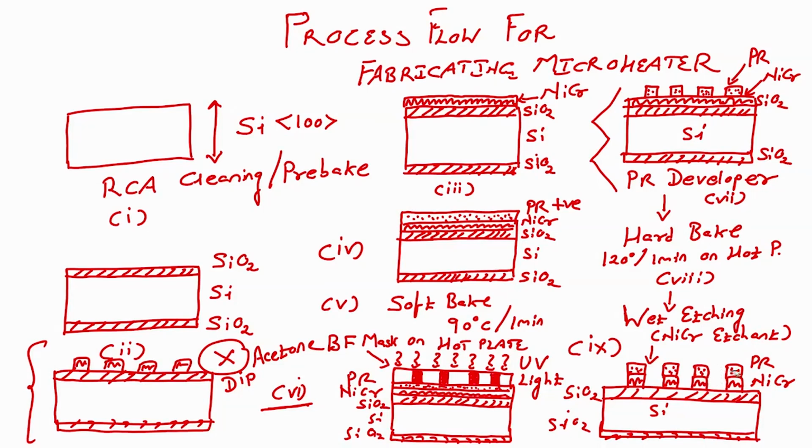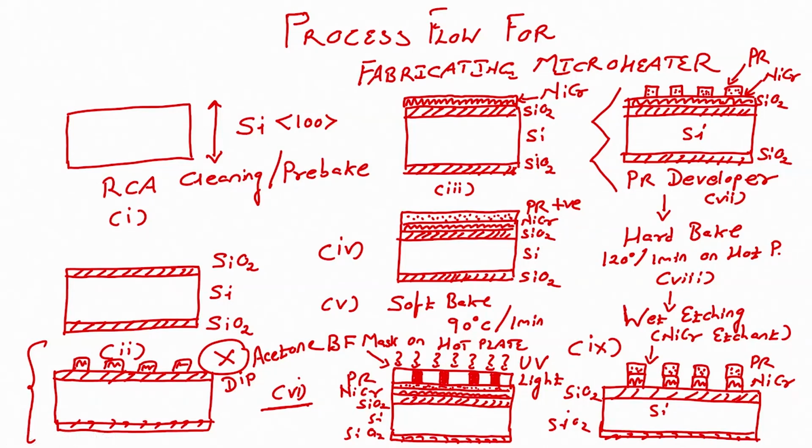After this step, the next step would be we have to remove the photoresist or strip off the photoresist, and for stripping off the photoresist we can dip this wafer in acetone dip, right. When we do that, and when we rinse the wafer, we can see a micro heater pattern on the oxidized silicon substrate. This micro heater we can inspect in the microscope.